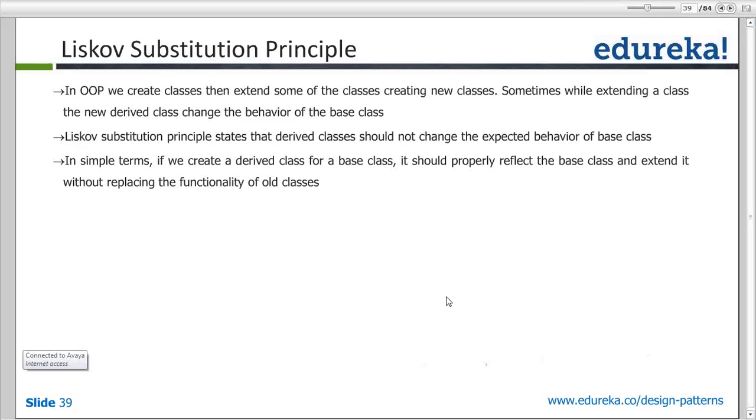Essentially it means that I can replace a class with any of its derived classes. To take an example, if somebody is interacting with my grandfather, my grandfather may very well be replaced by me, and I'll still be able to behave as a human being, right? Because all of us are essentially human.